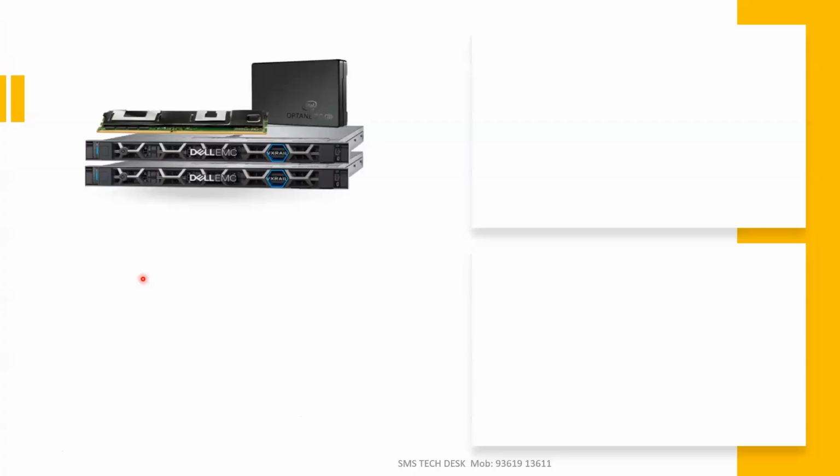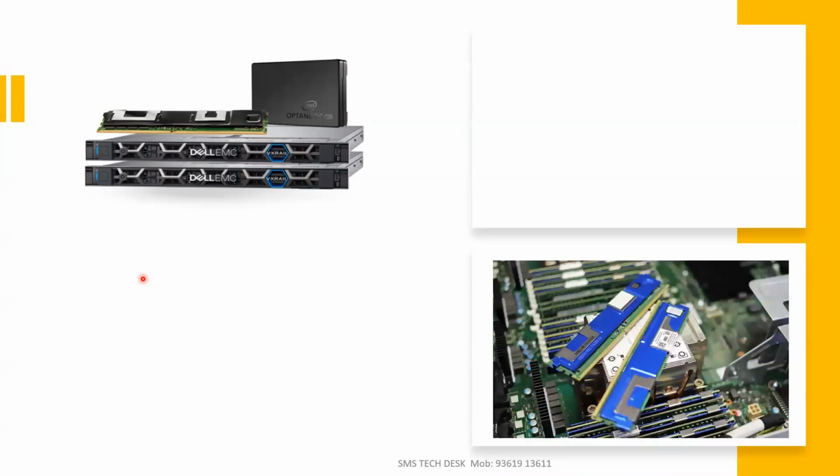Okay. So let's understand this Optane persistent memory. This is how the Optane persistent memory looks. It's similar to a memory card, but it won't do the exact memory job; it will do some additional tasks along with the memory option.